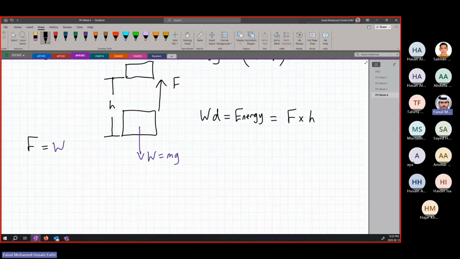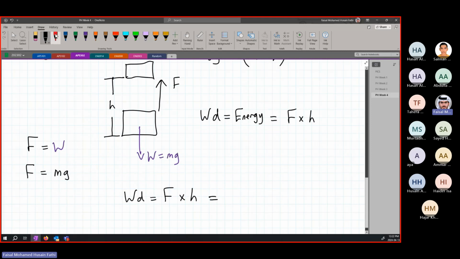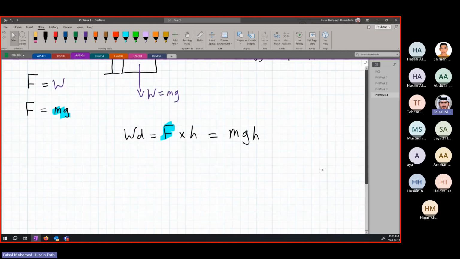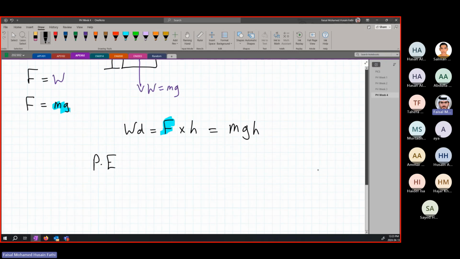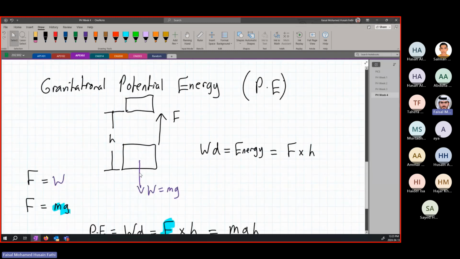So in other words the force is equal to mg. All right? Just the weight. So if we apply our work done formula, it is equal to force times height, and we know that force is equal to mg. So it is equal to mgh. This is what we know as potential energy, because remember, energy is simply just work done, and potential energy is talking about height when we're going up and down.